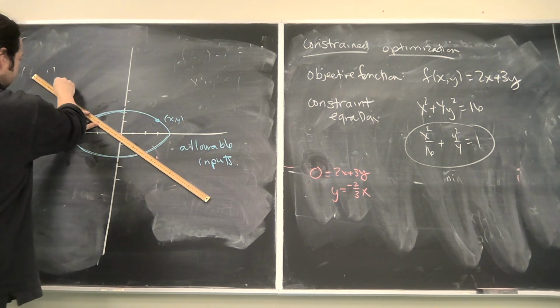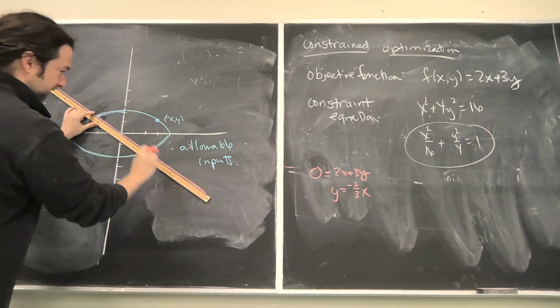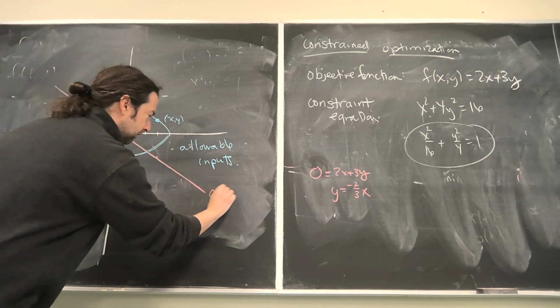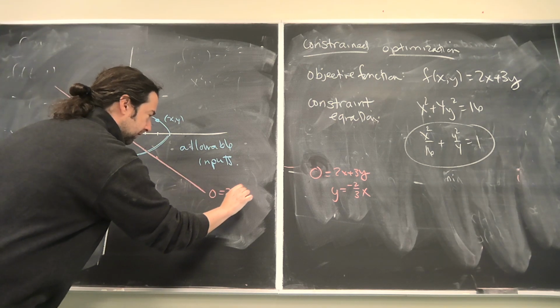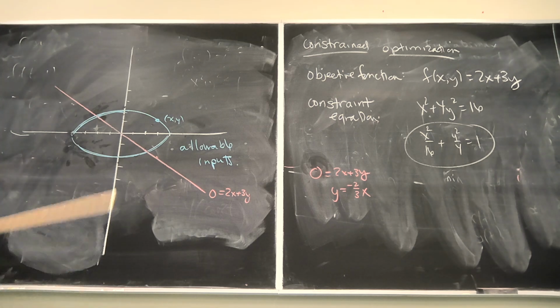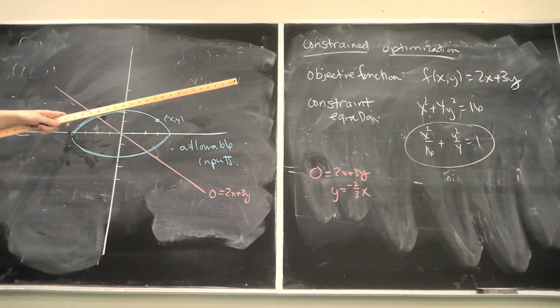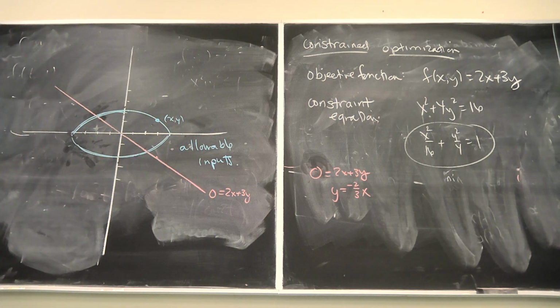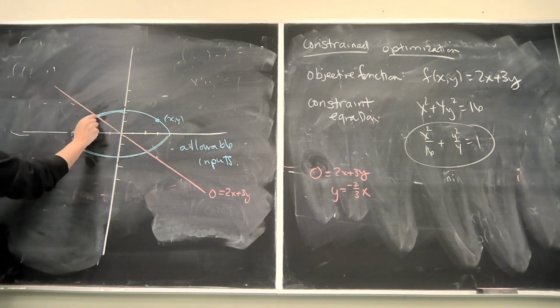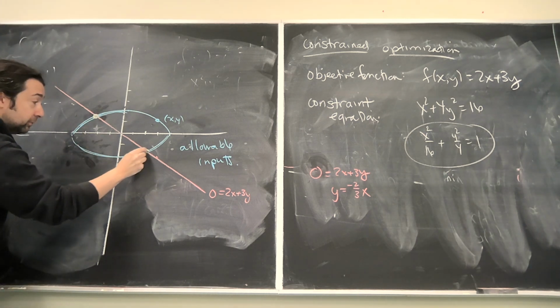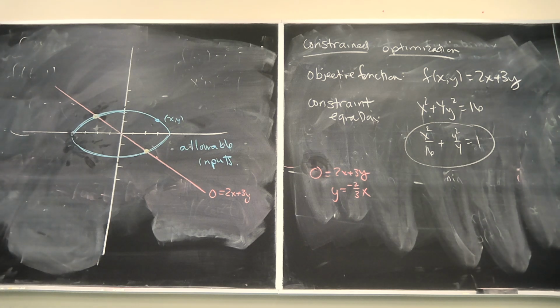So this line would be 0 is equal to 2x plus 3y. Every point on that curve makes my objective function spit out 0. Which means I have two allowable inputs where that could happen. This point right here and this point right here, which I could solve for. Those two values on my allowable inputs would produce a value of 0 from the function.